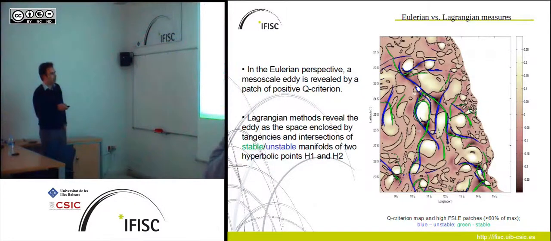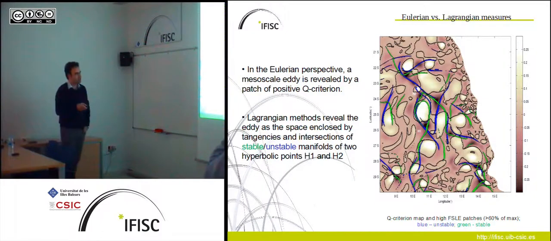And these hyperbolic structures are very abundant at the mesoscale, and you can see why. Right where they cross, at this hyperbolic point where you have an unstable and stable manifold, you have an area of high strain, and that is due to the interaction of both of these eddies.